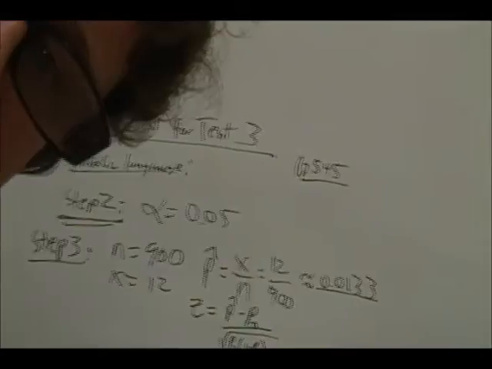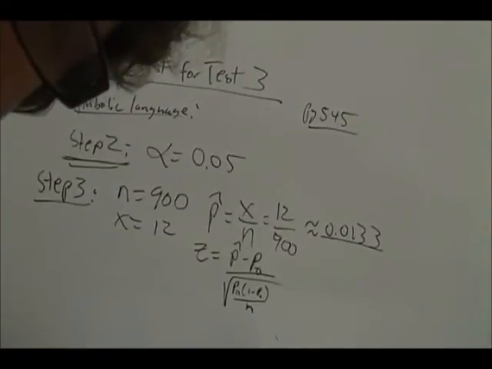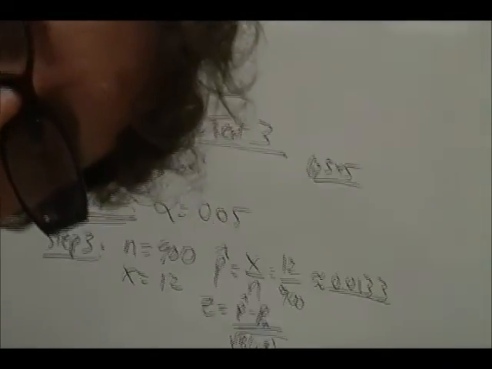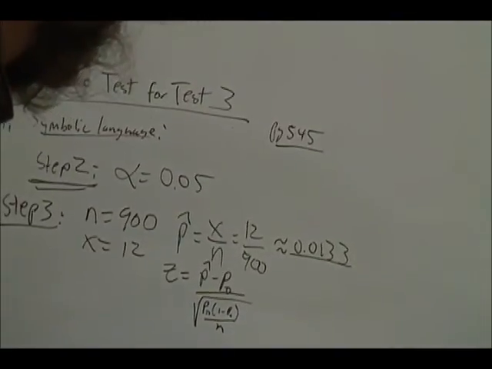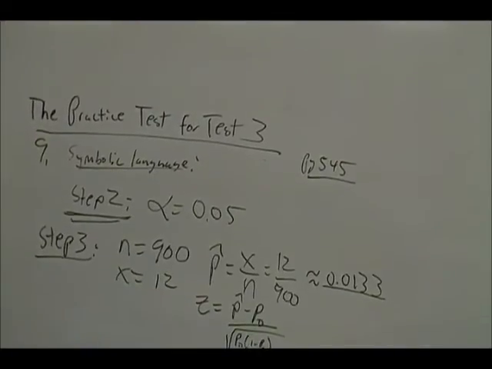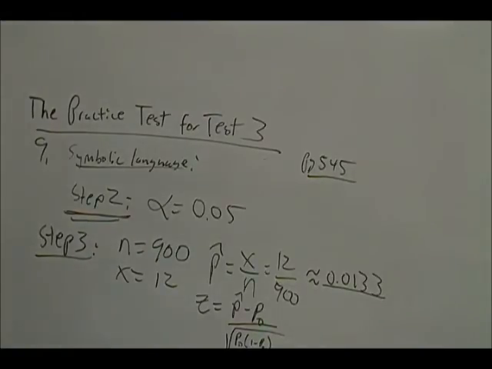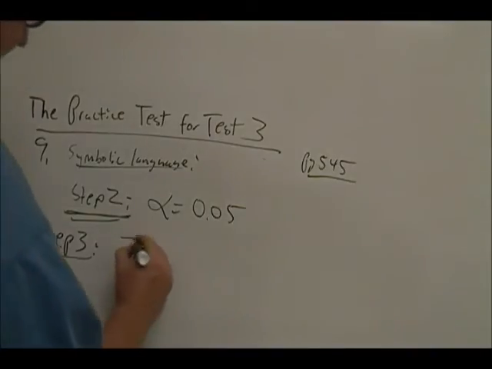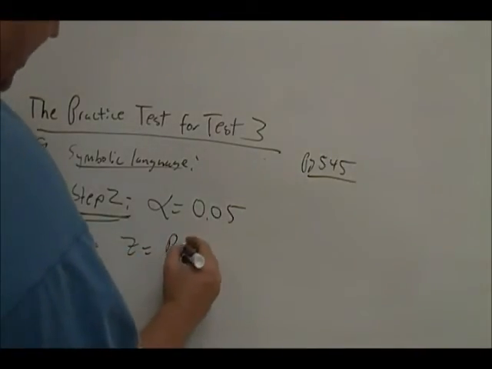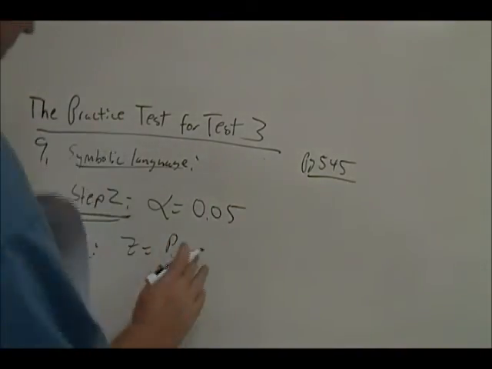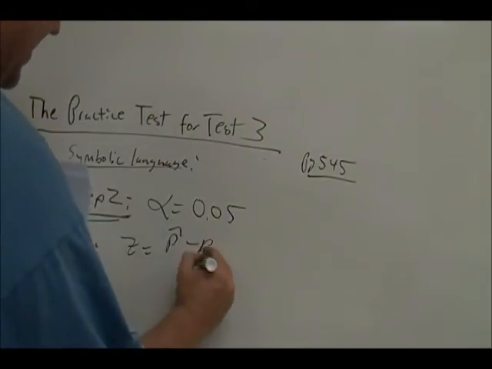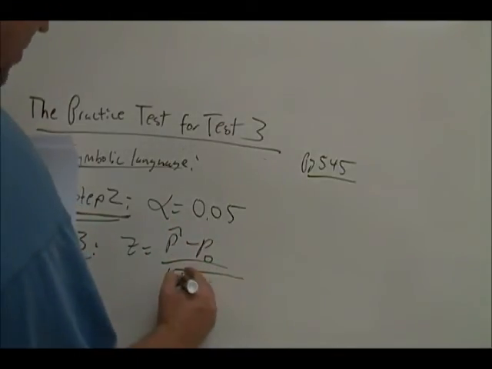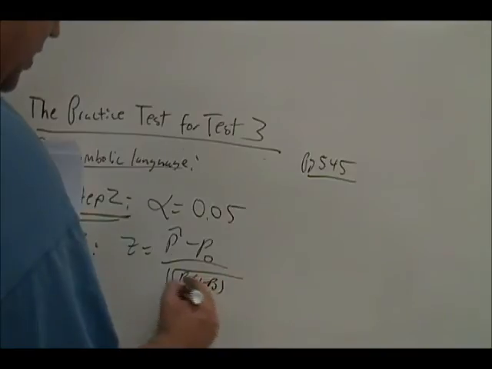It's kind of hard to see it here. I'm going to move this down a bit. Okay. So I'm going to plug into that formula now. So I'm going to erase this so you can see it a little bit better. So what we have is z equals p hat minus p naught divided by the square root of p naught times 1 minus p naught over n.